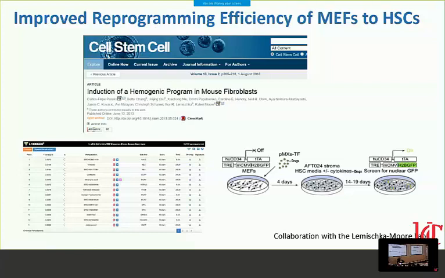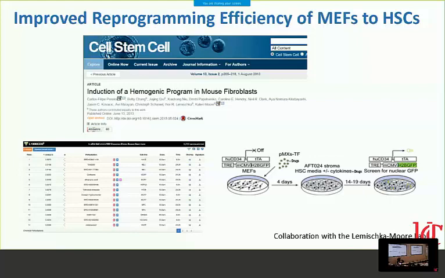And now a new student in his lab is using the L1000 CDS square and L1000 querying approach to identify small molecules that can push the cells further towards becoming hematopoietic stem cells and potentially not requiring the induction of the transcription factors, and also improving efficiency of the reprogramming.